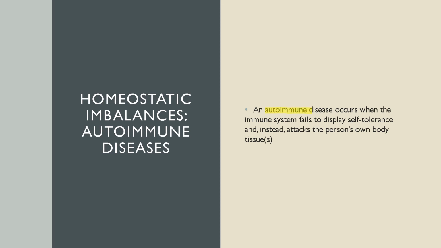Autoimmune disease, also known just as autoimmunity, is when the immune system fails to display self-tolerance and it attacks the person's own tissues. Autoimmune diseases usually arise in early adulthood and are common, afflicting an estimated 5% of adults in North America and Europe.